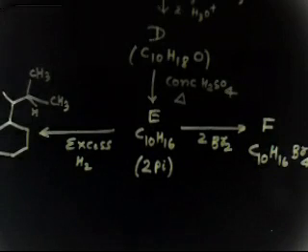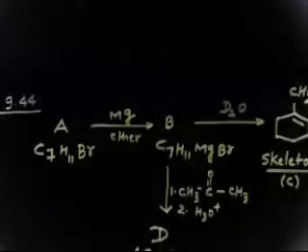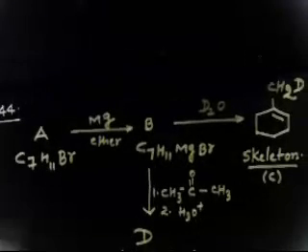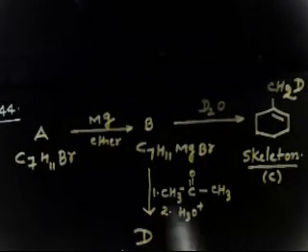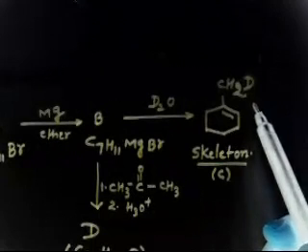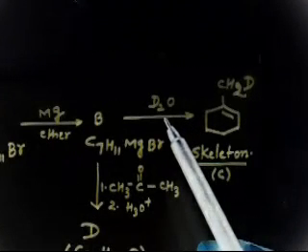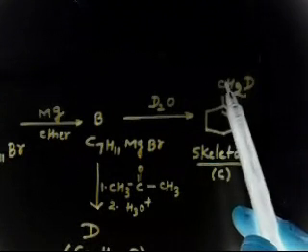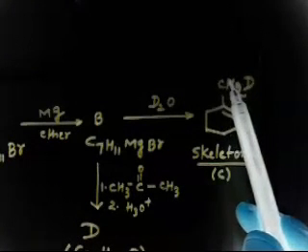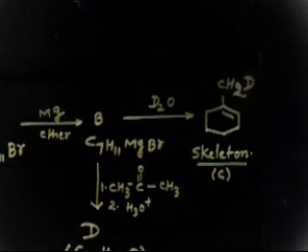Okay, let us discuss the solution for this question. So we have B is this, and B is coming basically from A, and you see this is a Grignard reagent, so this must be a Grignard reagent. Because this has taken deuterium from water, it must have CH2 minus, then it can take D from D2O.